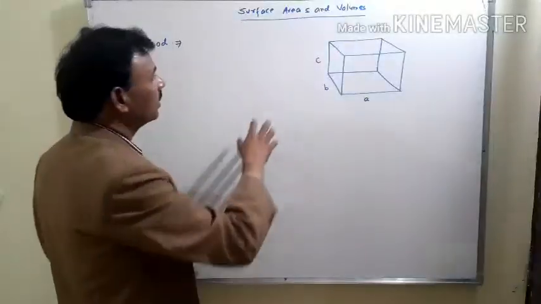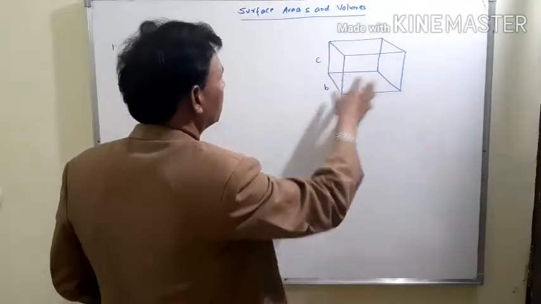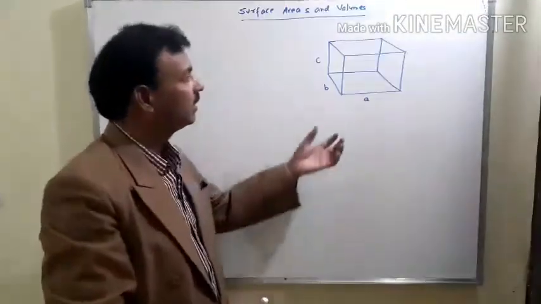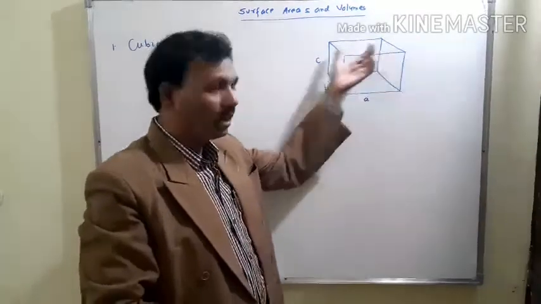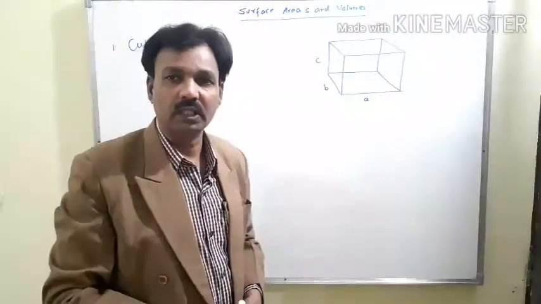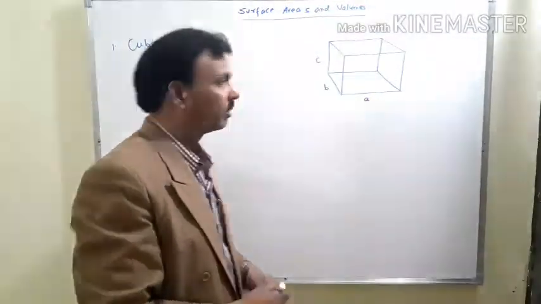Now we will discuss the surface area of this cuboid. Surface area means the area of all 6 faces together is known as the surface area of the cuboid.